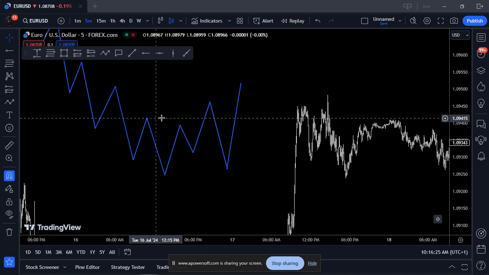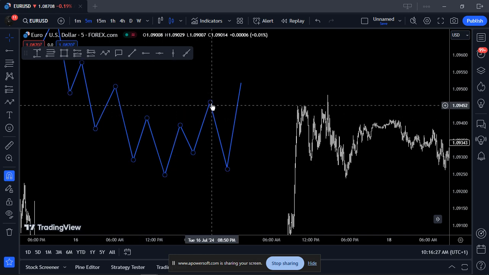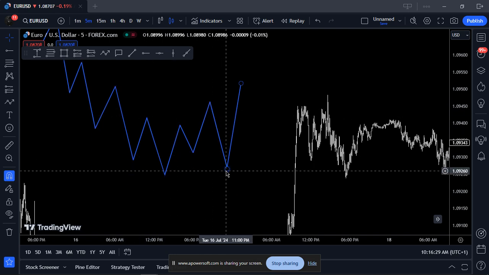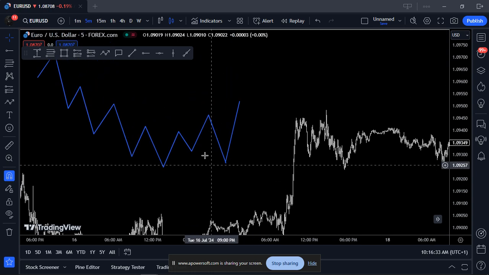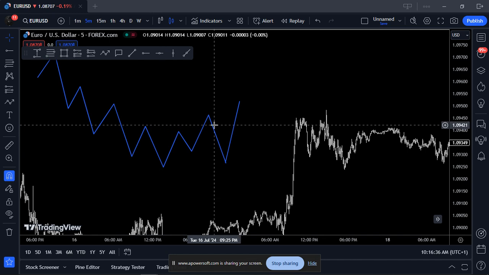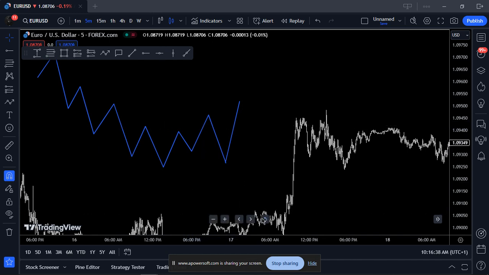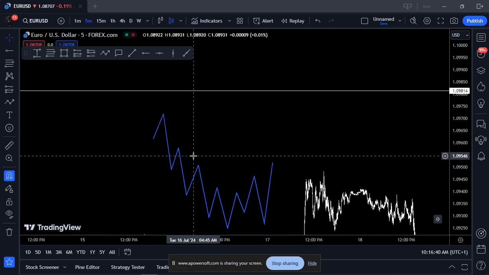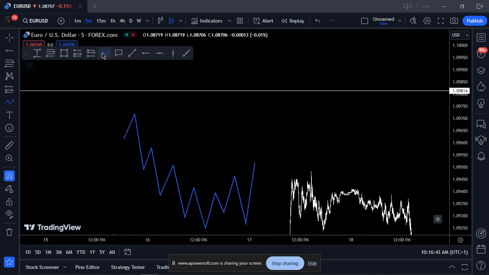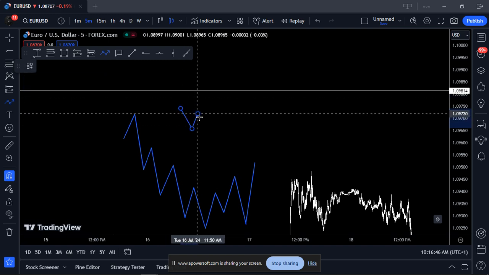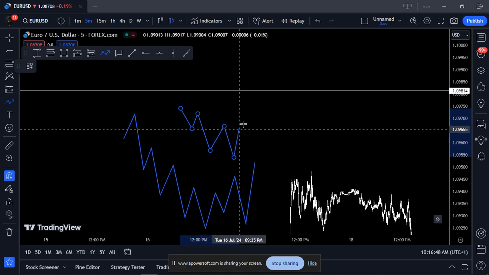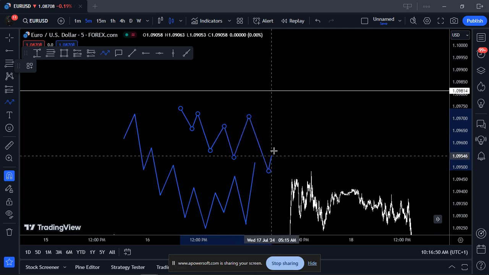Like this, when the opposing liquidity has been taken, you enter for a short trade. You see this trade here, it could go all the way to the bottom like this. Takes the opposing liquidity, then keeps going.